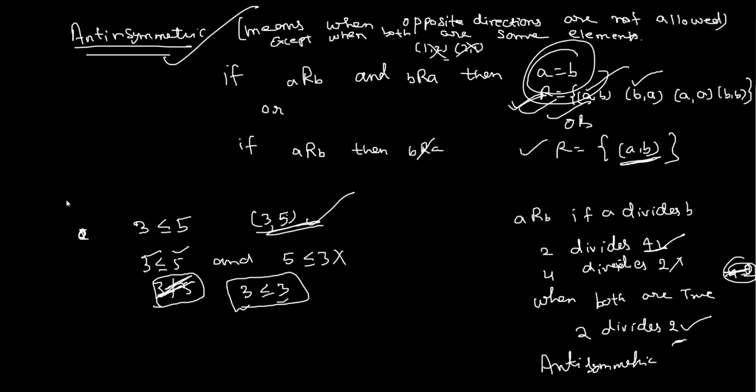One more example you can see. A is a friend of B. B is a friend of A. When both are true, A is equal to B?